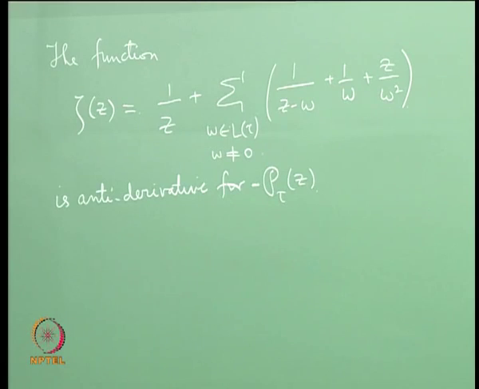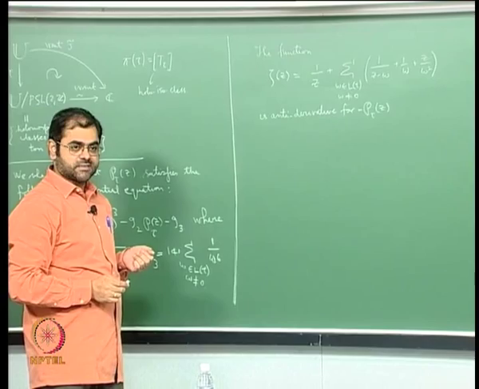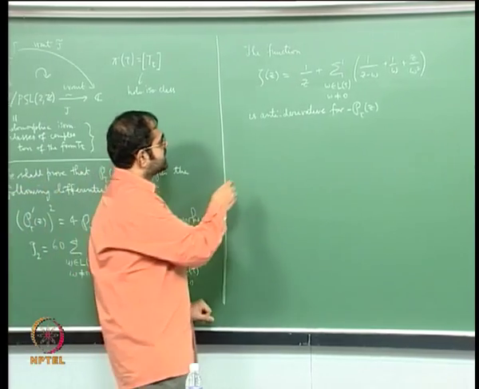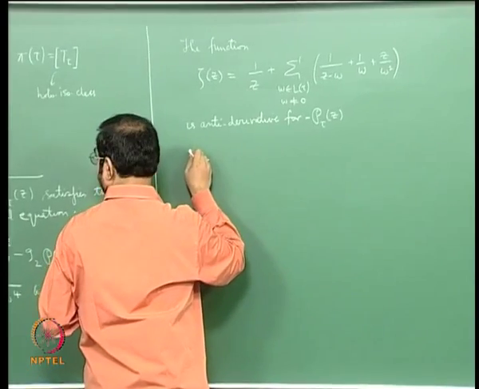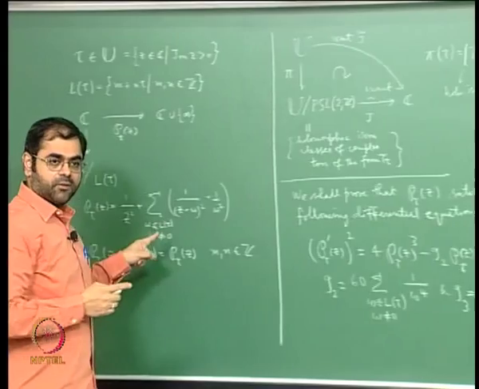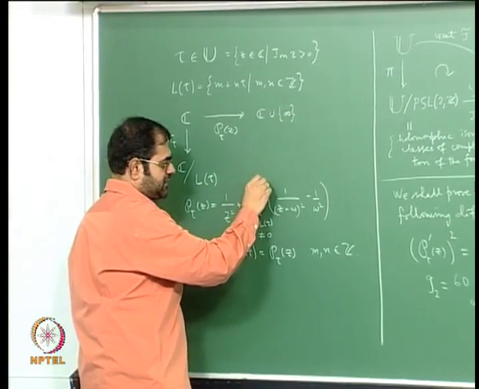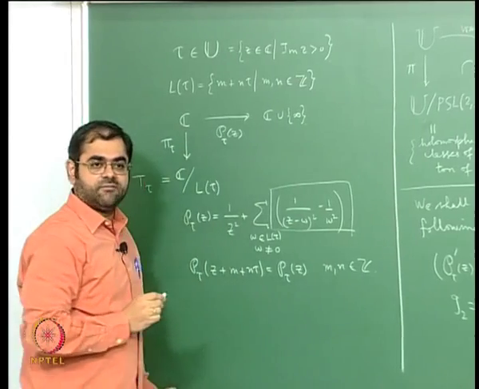So let me explain why this is correct. The first thing is you take the phi function, and look at each term in the series that defines the phi function.